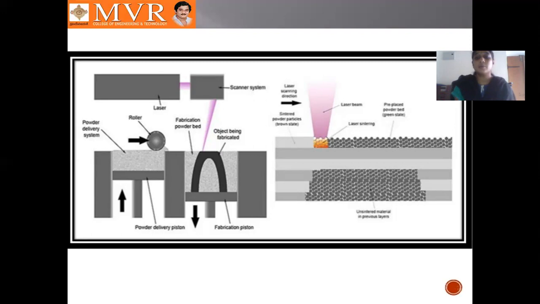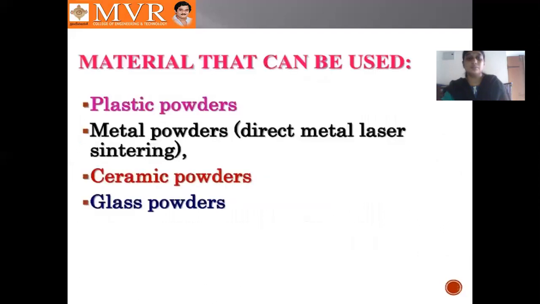The pre-placed powder bed material is scanned, the object being fabricated is powdered through the roller systems, and the laser beam systems fabricate the materials. Okay, and this processing is applied throughout.